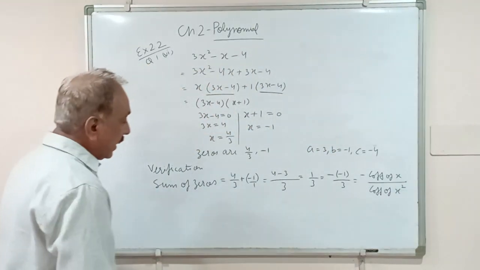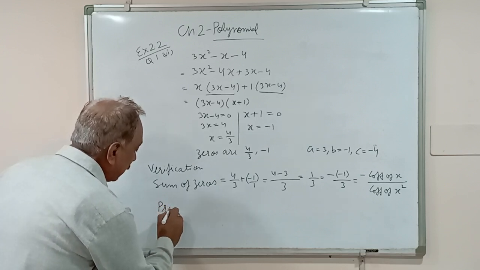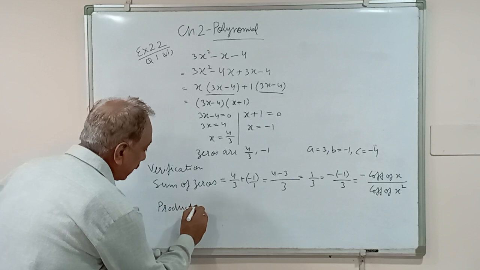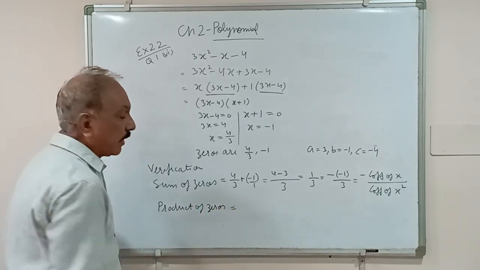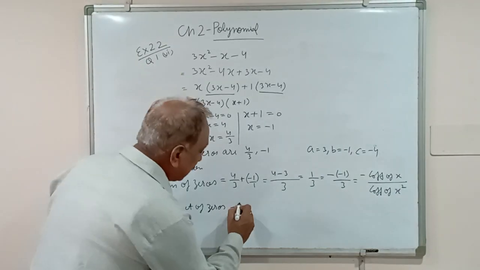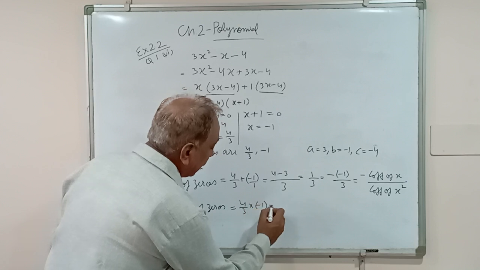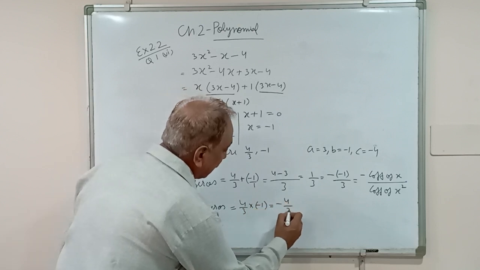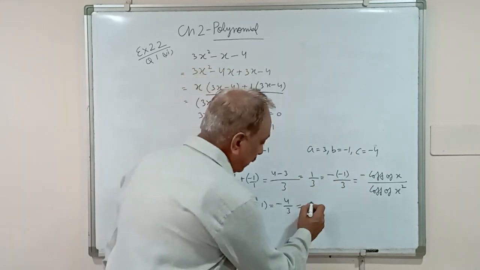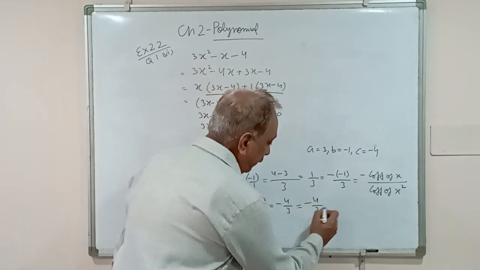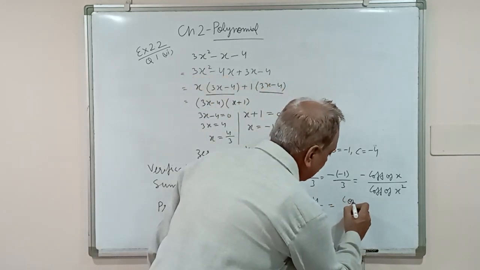After that, apply product of zeros. Then you can multiply it. 4 by 3 into minus 1, minus 4 by 3. This is C upon A, minus 4 by 3. Both are same.